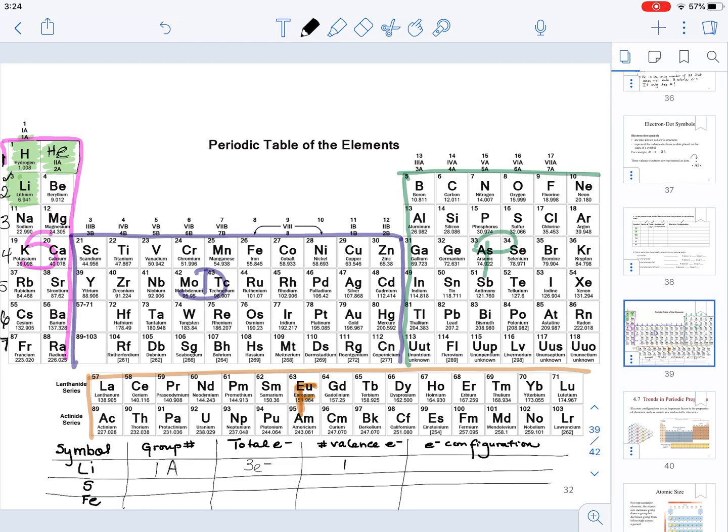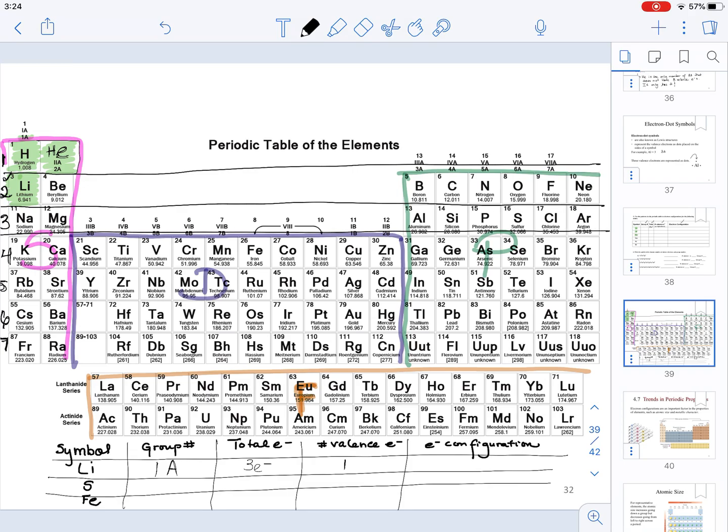So understand that the period number is going to be your shell, and then the blocks are going to be your subshells. Okay, so on level 1, if I draw a line, as you can see, other than the 2 boxes for hydrogen and helium, there's nothing else. This is level 2, this is level 3, this is level 4.